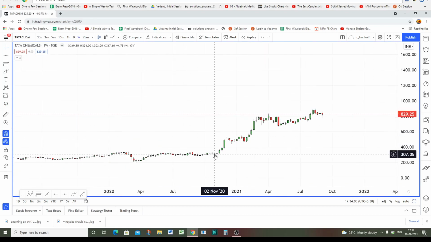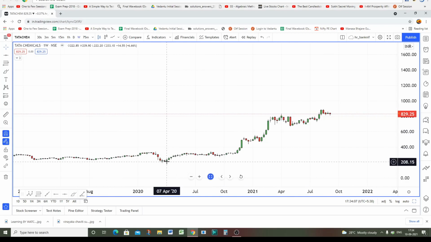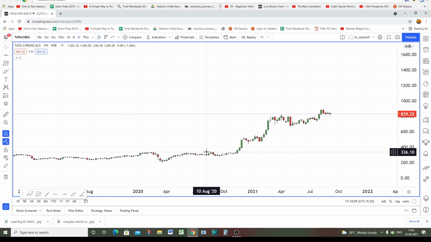Let us see. We can understand that this particular stock, for the last few months, is continuously in an uptrend. First point, it is clear that it is continuously in an uptrend.